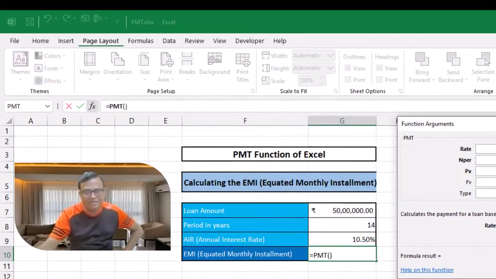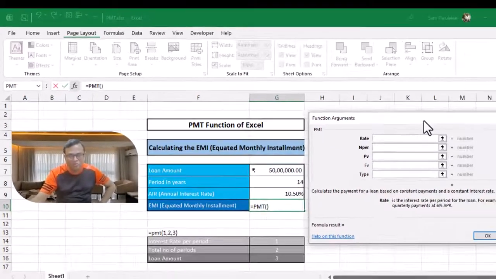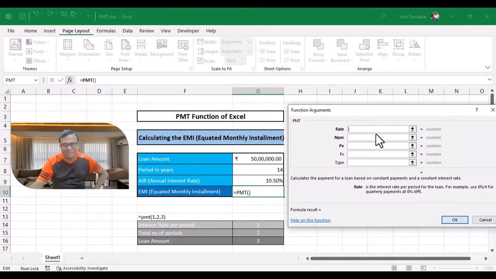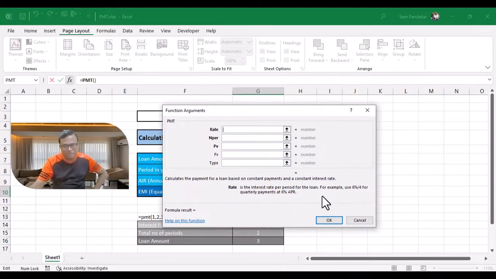Now Excel is asking me what the interest rate is, and it also gives me a prompt that rate is the interest rate per period for the loan. For example, use 6% divided by 4 for a quarterly payment at 6% APR.